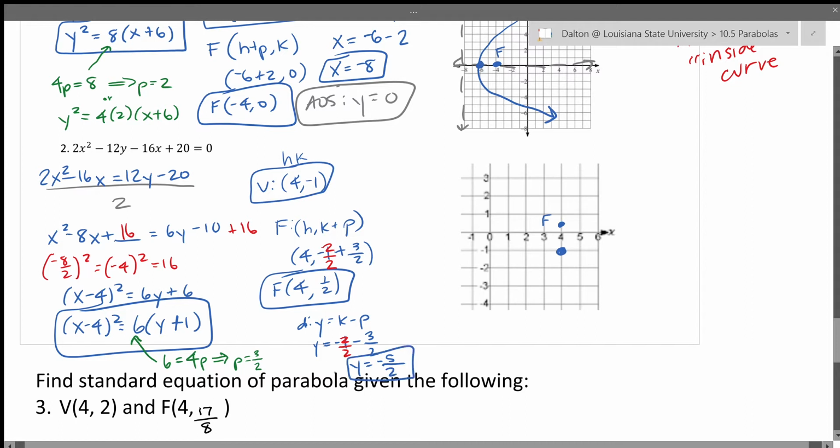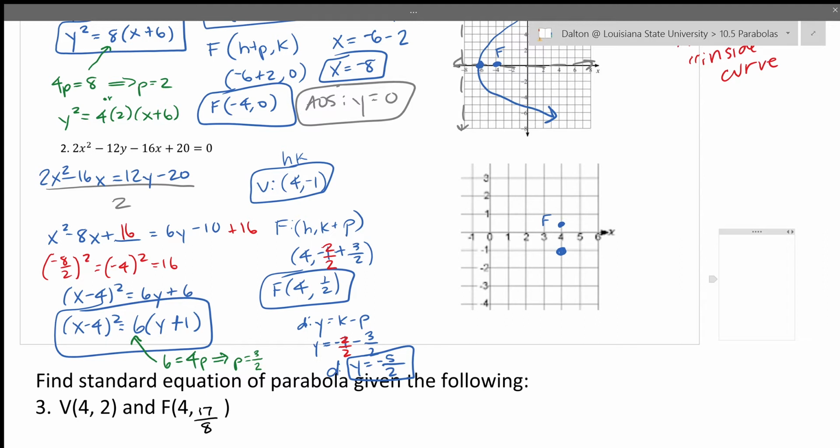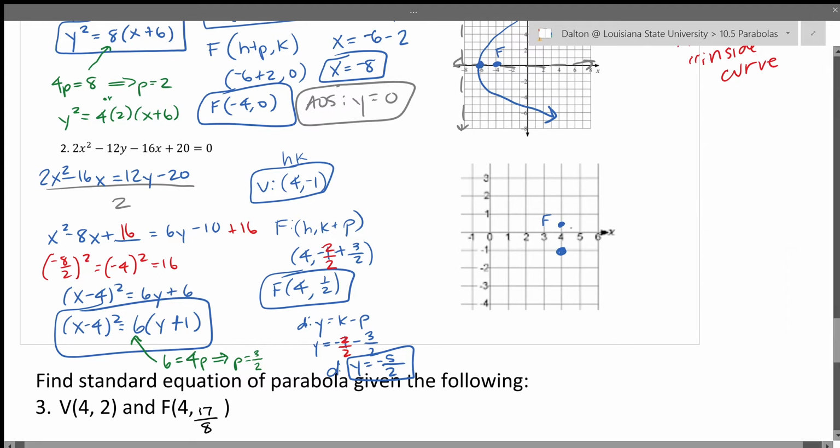as the directrix. Now, you don't have to do the algebra here if you are comfortable in understanding the definition of a parabola. So let's pretend we didn't just find that equation. After you graph your focus, if this is your vertex, by definition, the focus is the same distance away from the vertex as the vertex is away from the directrix.